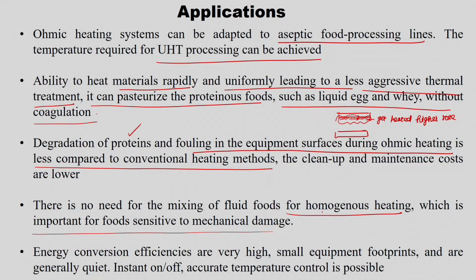But on the food side, that may be a disadvantage, because some foods are sensitive to mechanical damage. To avoid agitation, I can employ ohmic heating, because it gives homogeneous heating without any agitation, as it works under the principle of volumetric heating.